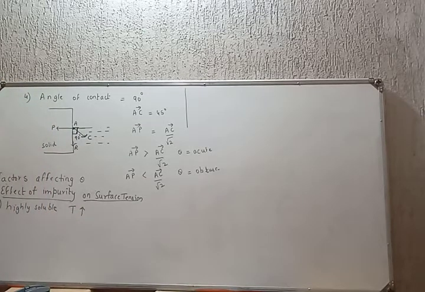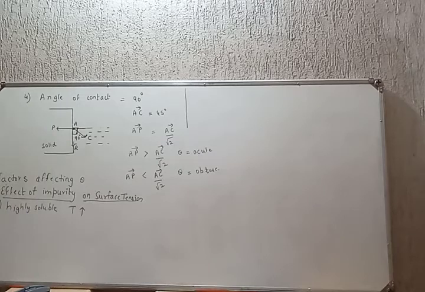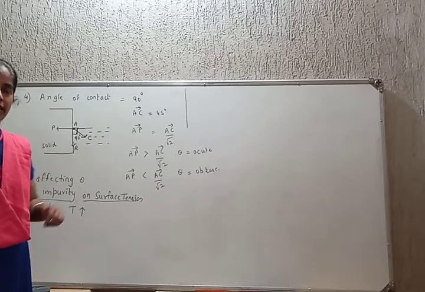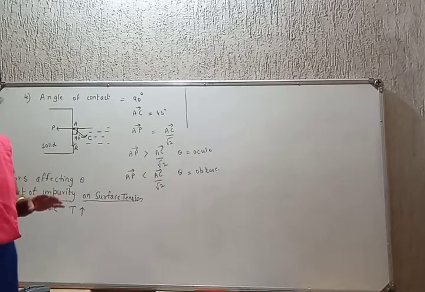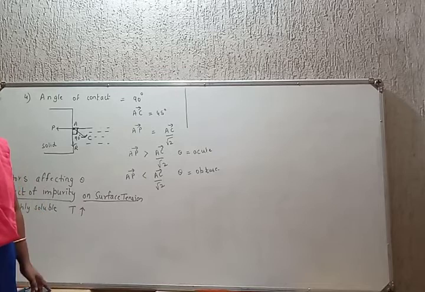I repeat, the factors affecting the angle of contact are the nature of the solid and liquid in contact, the temperature of the medium above the liquid surface, and the addition of impurity to the liquid. Next, what is the effect of impurity on surface tension? The first is, if the impurity is highly soluble in liquid or water, surface tension increases.